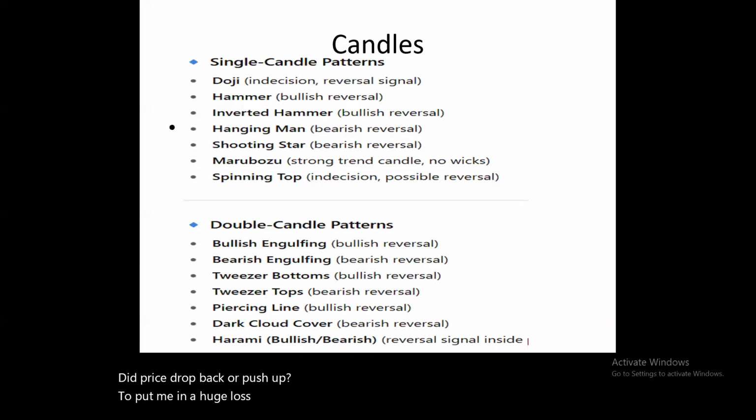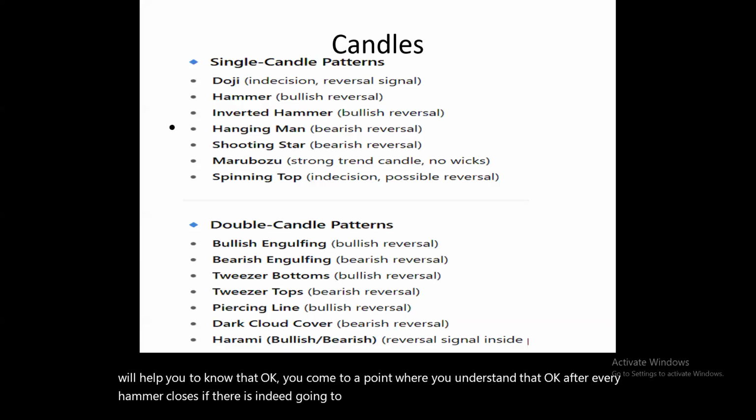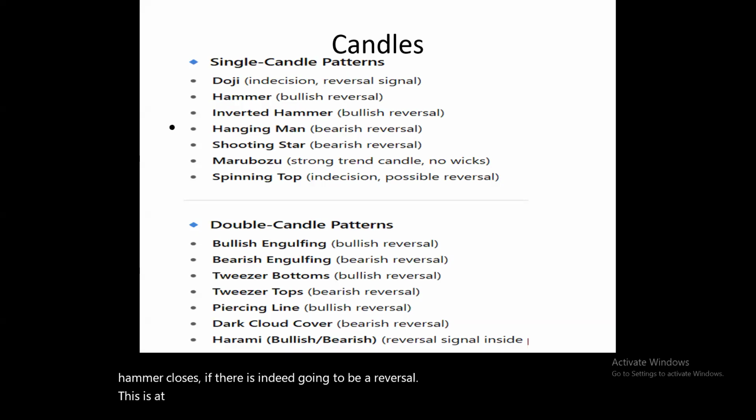All that backtesting and looking at the chart will help you come to a point where you understand that after every hammer closes, if there is indeed going to be a reversal, there is a point where price will not go up again or will not go down again after a hammer closes.